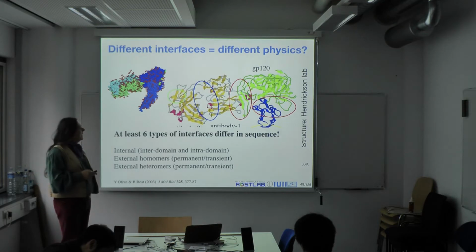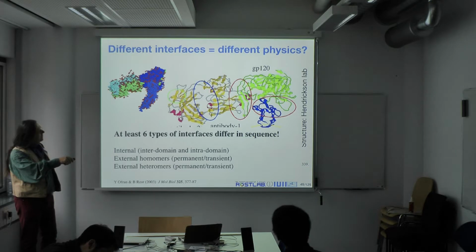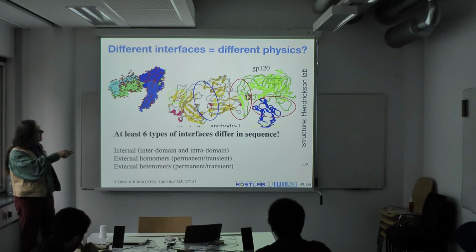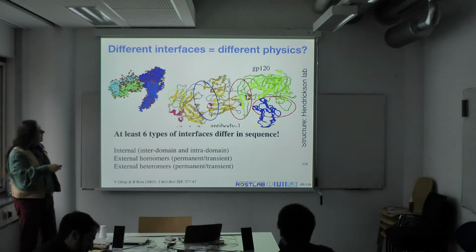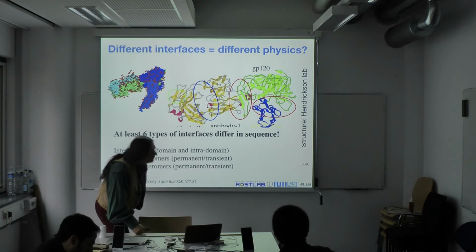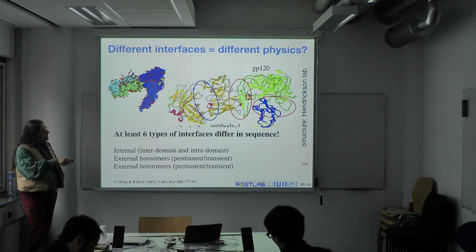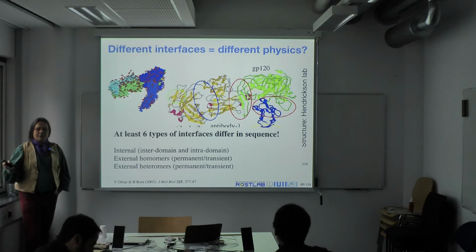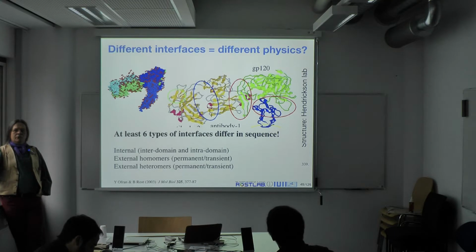So the first question really is, do these interfaces between two different proteins, inside of a protein, and between homomers, homodimers, between different domains differ? There are different ways in which I can slice my data and ask, do they differ? Are they the same? What you will look at now are amino acid compositions.